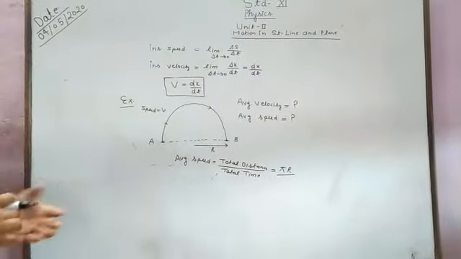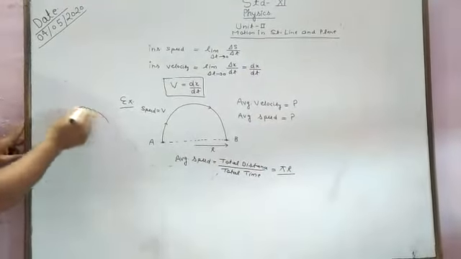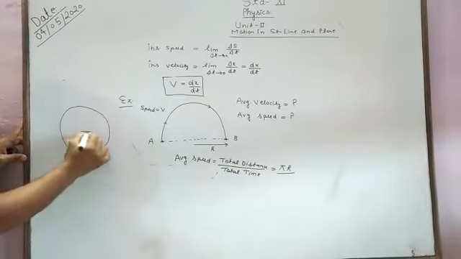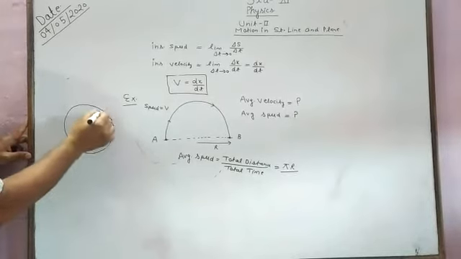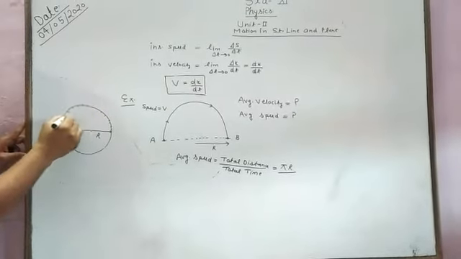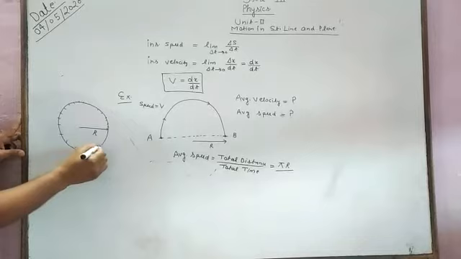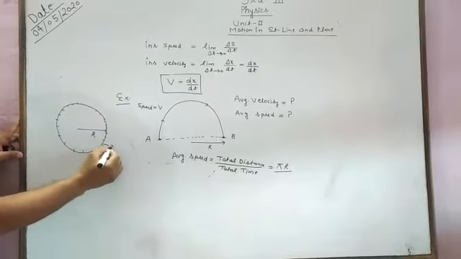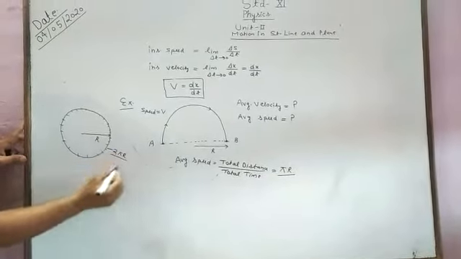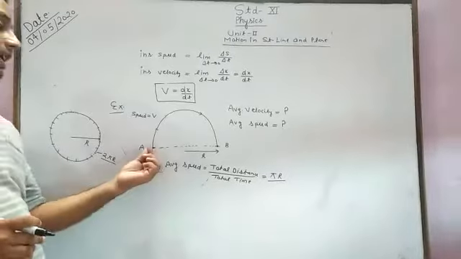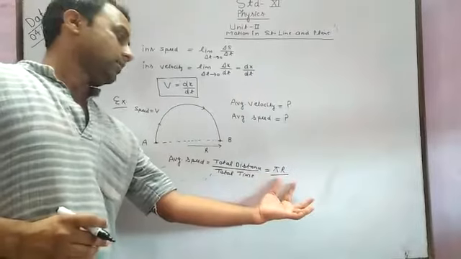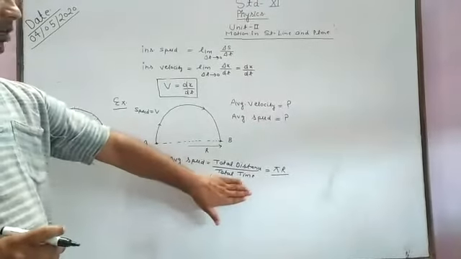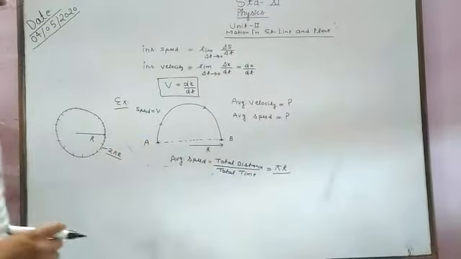We already know that for a complete circle of radius r, the total distance covered is 2 pi r. This is the circumference of the circle, but we have to cover only a semicircle, so the distance covered is 2 pi r over 2, which is pi r. What is the total time taken by the particle?